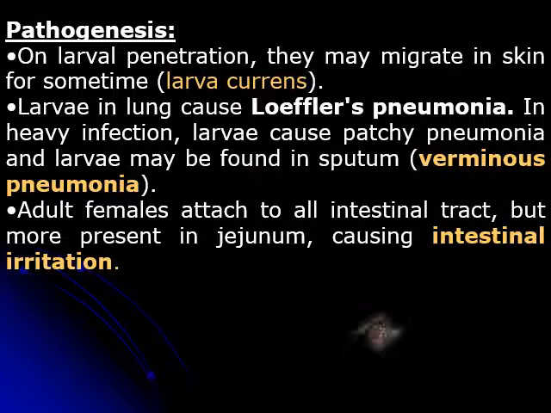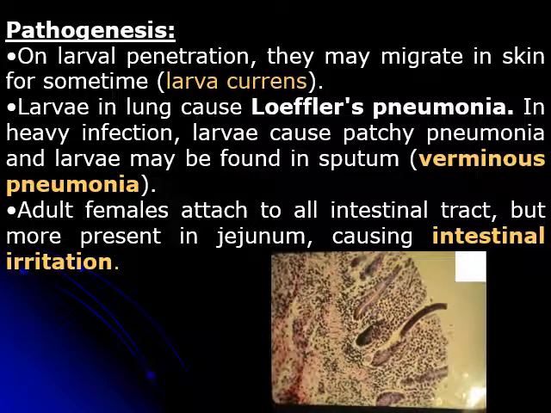This results in diarrhea, as we know. This is a picture of Strongyloides stercoralis, adult female, here embedded in the mucosa of the small intestine, and we can notice the inflammatory reaction around it by infiltration with mononuclear cells.